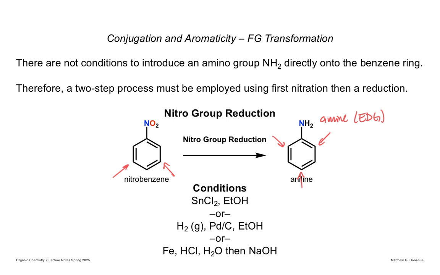The conditions for doing nitro reduction, there's 3 of them: A, B, or C. Tin dichloride and ethanol, hydrogen gas, palladium on carbon and ethanol, or iron metal, HCl, and base.